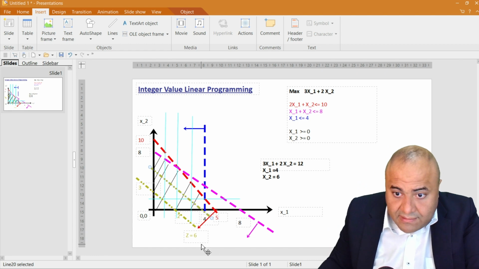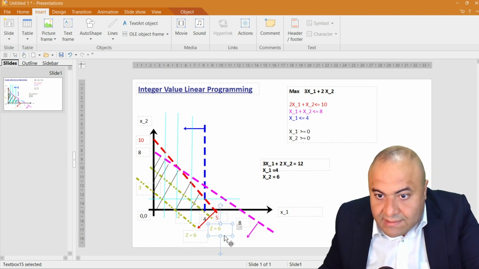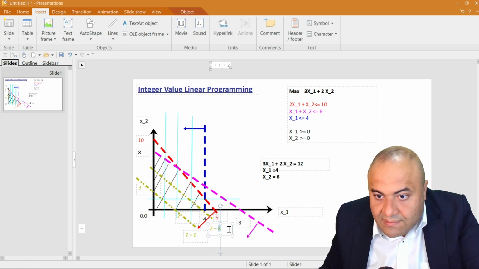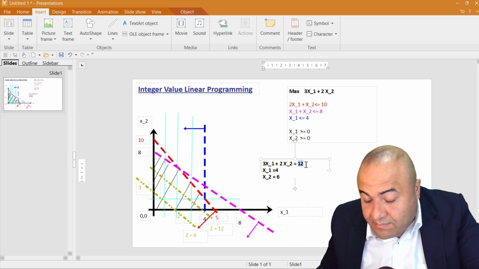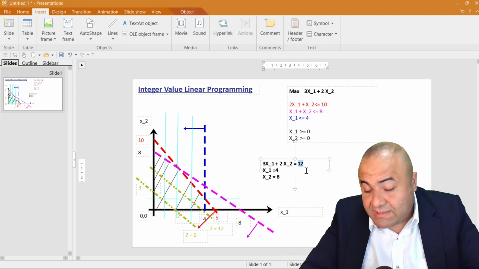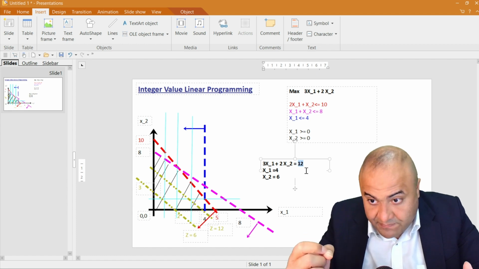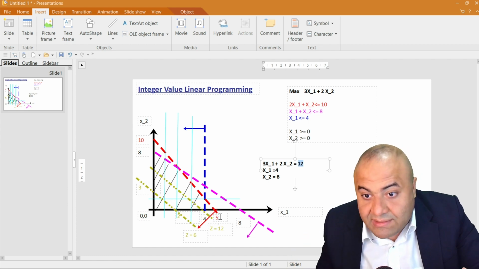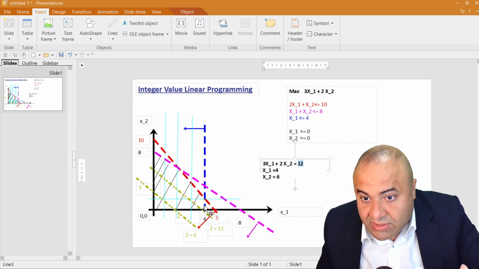So here this has become z equals 12. Bear in mind, of course, you can pick other numbers in between, but we are always limited to integers. This is the main problem. So when you have this as 4, this is quite the limit of this location. So you can move around here.